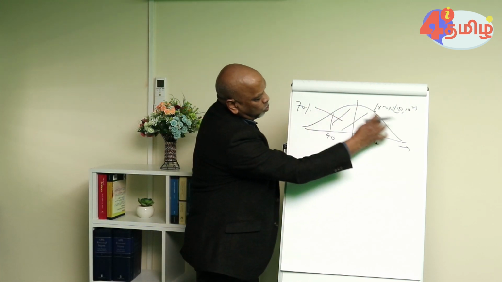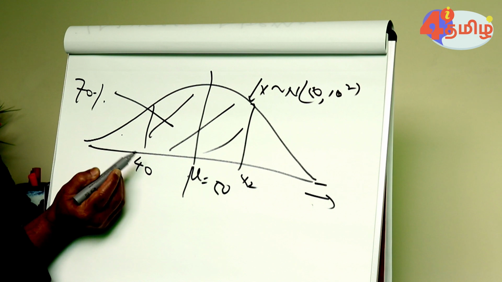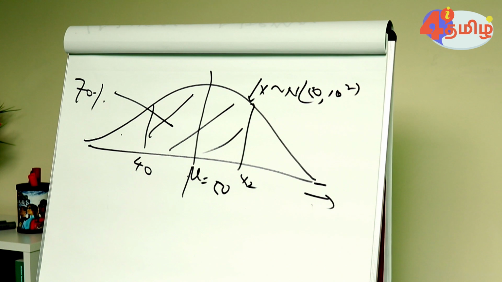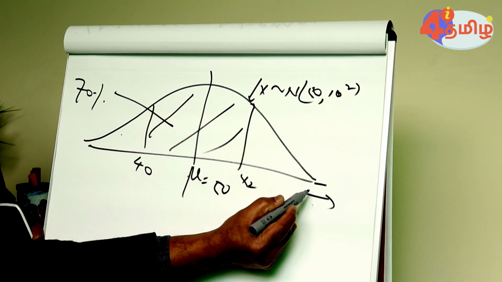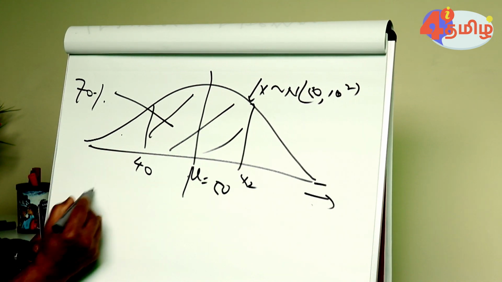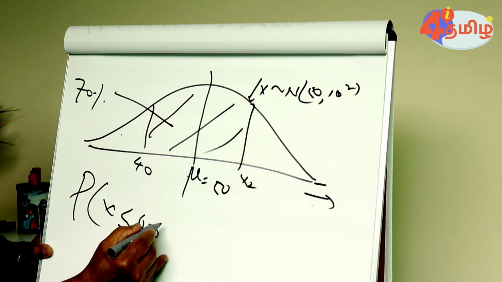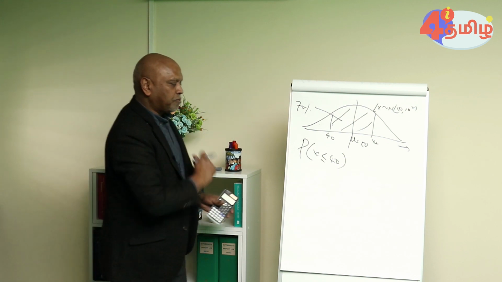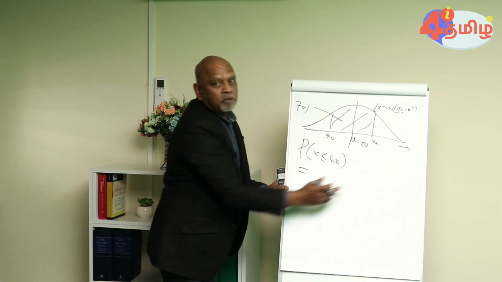The whole area is 1. Can I say that this bit is 1 minus the other area? Can you understand that? Instead of finding this area directly, for example, the probability P(x less than 40), the left-hand side of 40, we can write as equal to 1 minus the whole of the right-hand side.